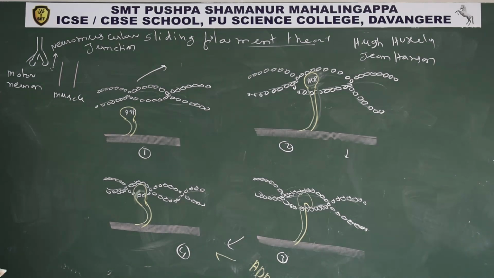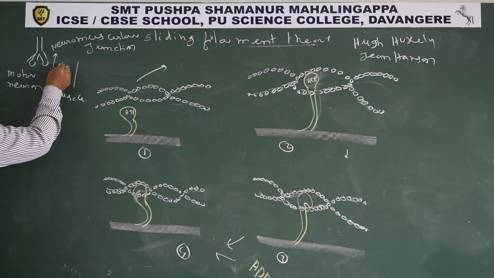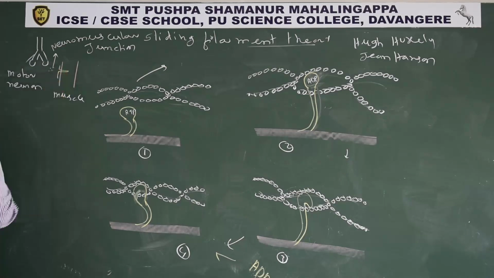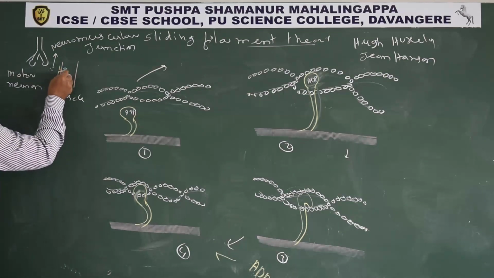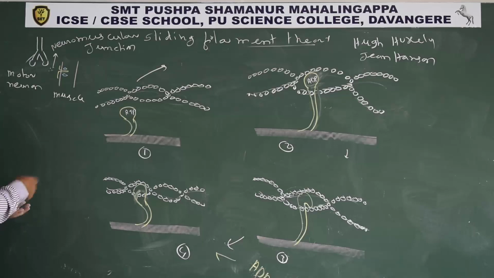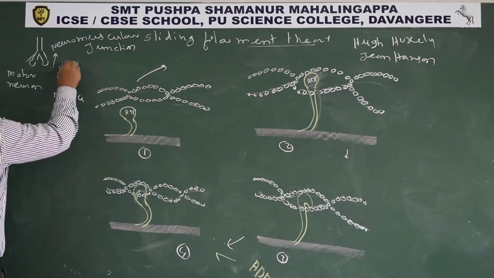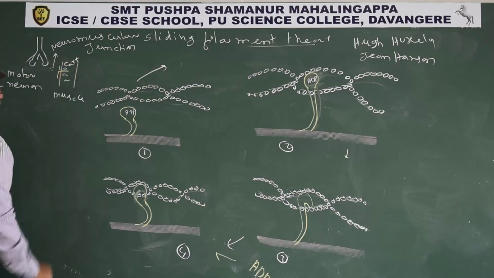From the motor end plate, the message transfers to T tubule. The T tubule is excited and transfers the message to the cisternae. Cisternae excited release calcium ions into the sarcoplasm.